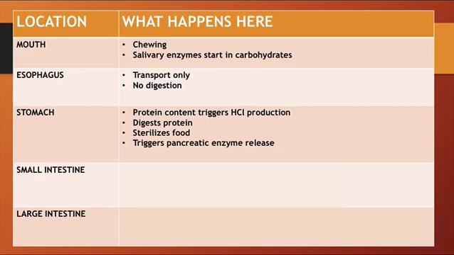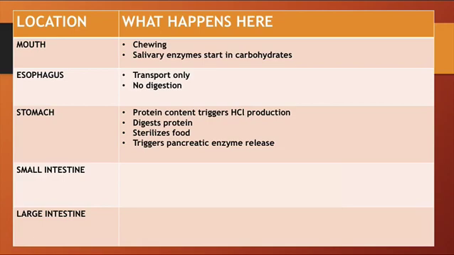Now, as the stomach is processing the protein contents of the gut and sterilizing it and creating an optimal environment to absorb your nutrients, you continue to move food along the tube, and your food goes from the stomach into the small intestine. This process of moving food along is called peristalsis. That's the technical term for it.